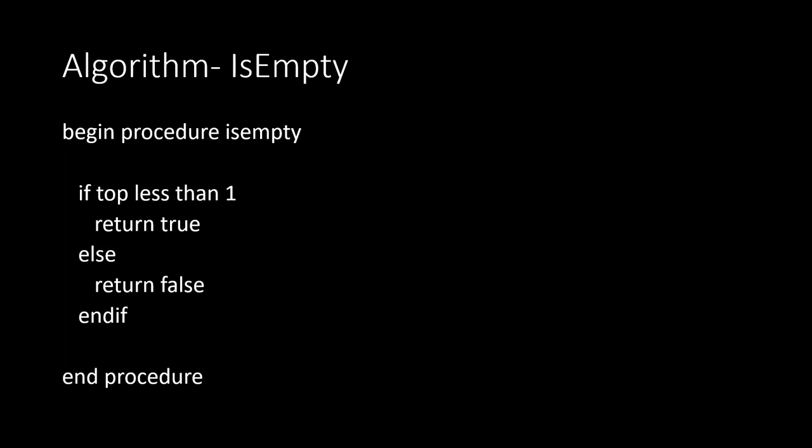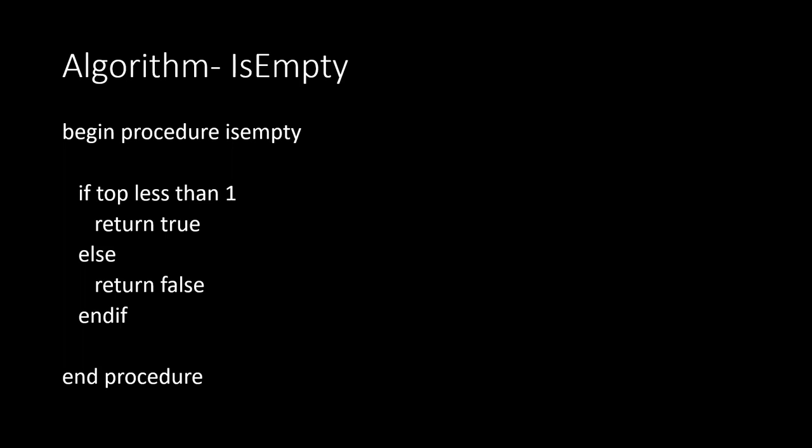Otherwise, if you make it 0, then it may be misleading or confusing. So what we check is whether top is less than 1, as written in the algo, because algo is irrespective of any language, but when we implement it, we'll be checking whether it is less than 0.